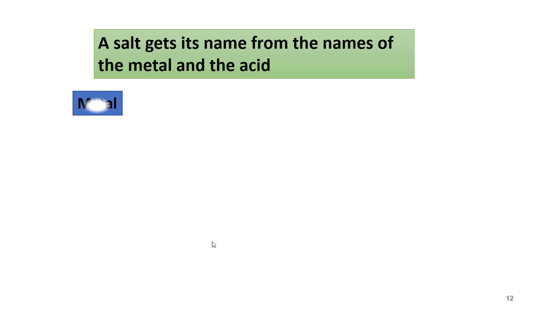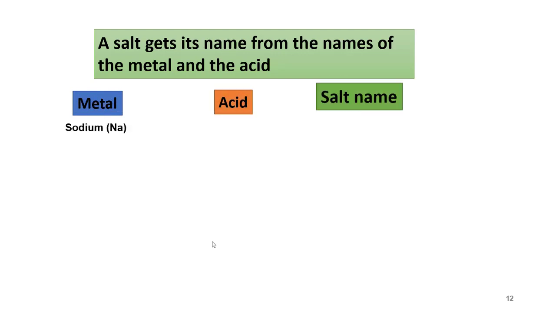For example, let's see the metal, acid, and the name of the salt. Sodium combined with hydrochloric acid, which is an acid, forms sodium chloride. So sodium chloride is a salt and it gets its name from the name of the metal, sodium, and the acid, hydrochloric acid.